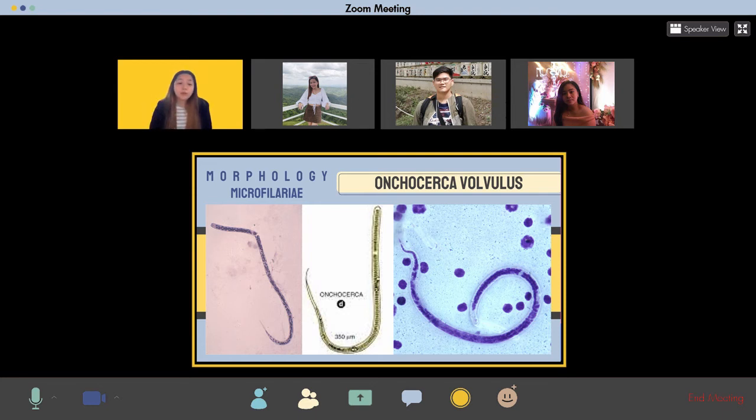If we remember these three distinct features, it will be easy to identify this specific stage of the parasite under the microscope.